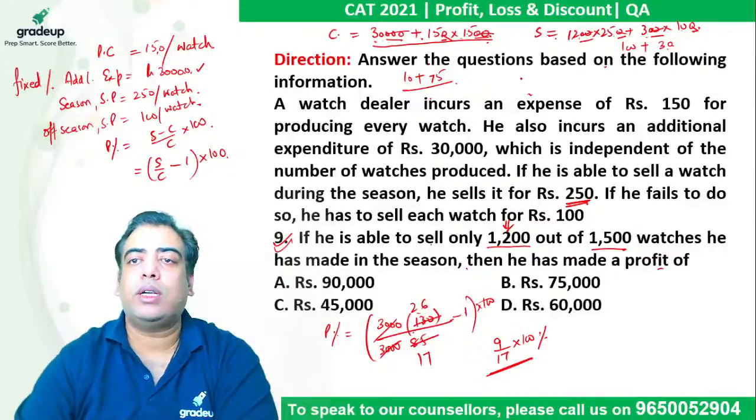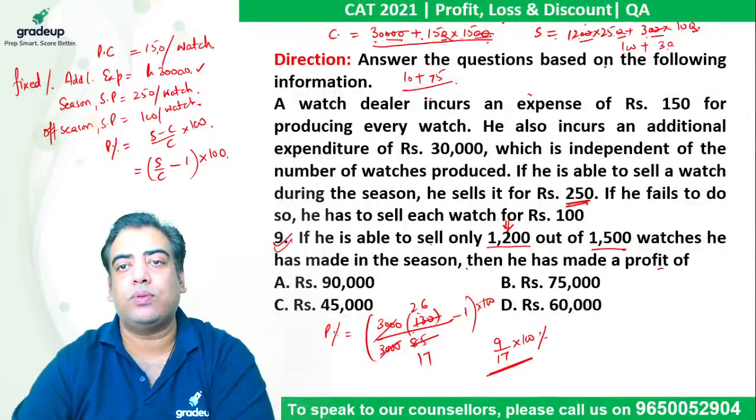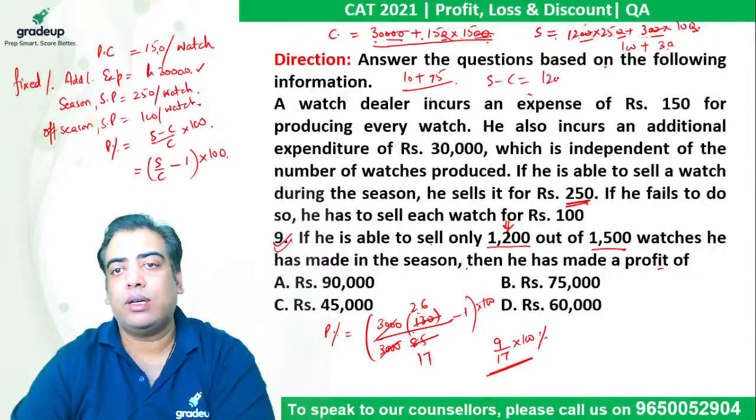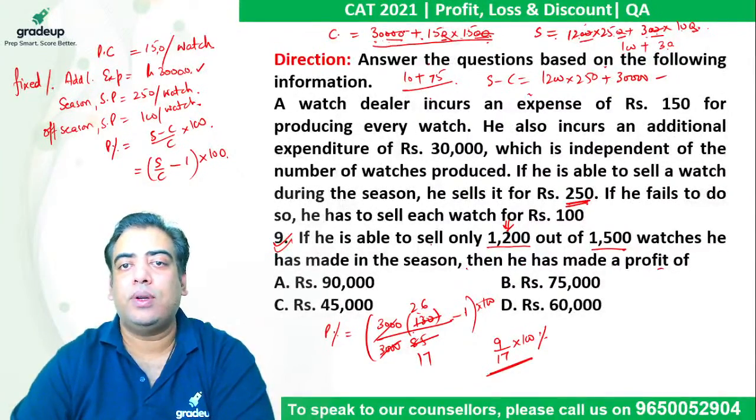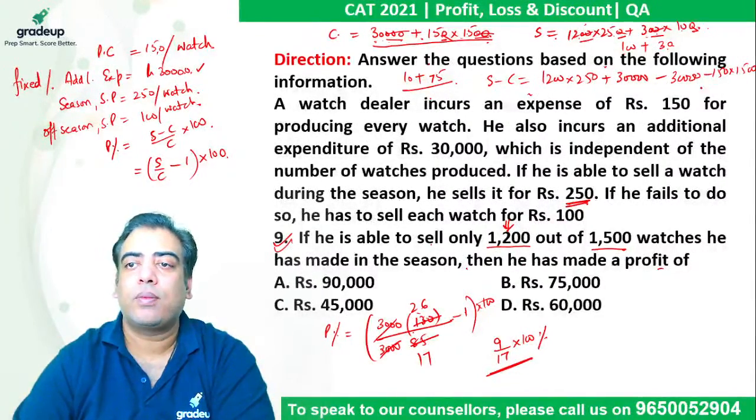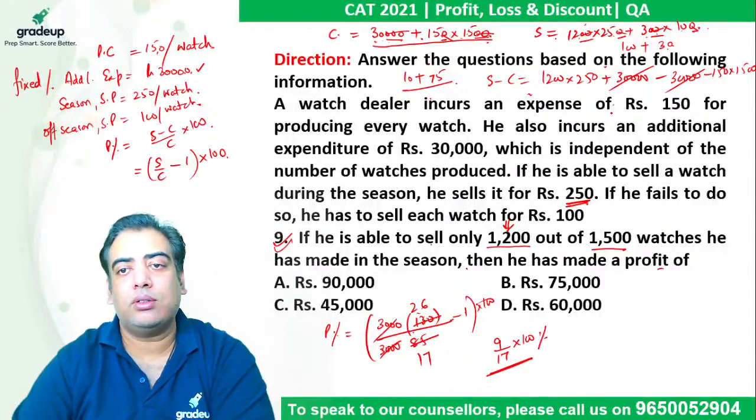In order to calculate only profit, we need to subtract these two values. Selling minus cost comes out to be 1200 into 250 plus 300 into 100 is 30,000, minus it will be 30,000 minus 150 into 1500. So these values get cancelled out.